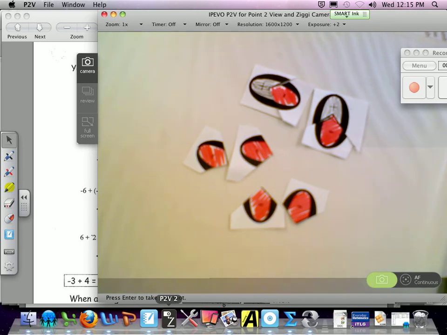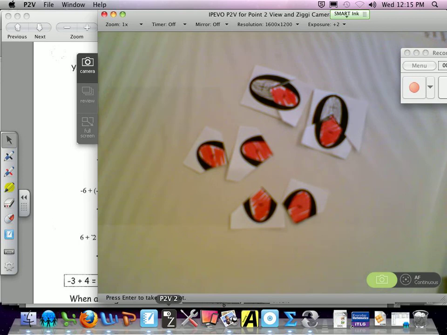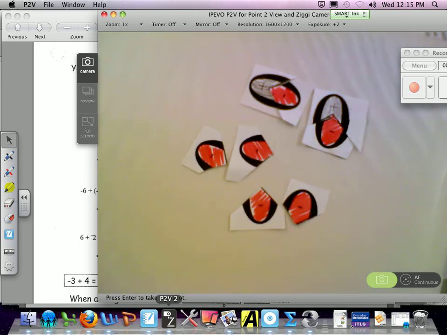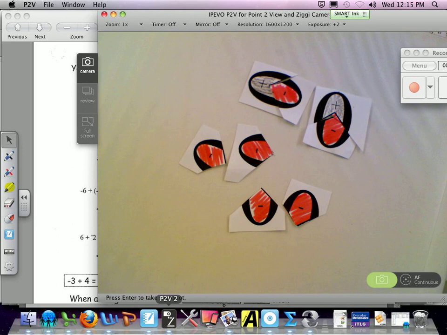So every time I can pair up a positive and negative, I make a 0 pair, and then I'm left with what after I clear out my zeros? Negative 4. I end up with 4 negatives. So this is just another model for doing negative 6 plus 2. You pair them up and ask, how many do I still have left over? I have 4 negatives left over, negative 4.